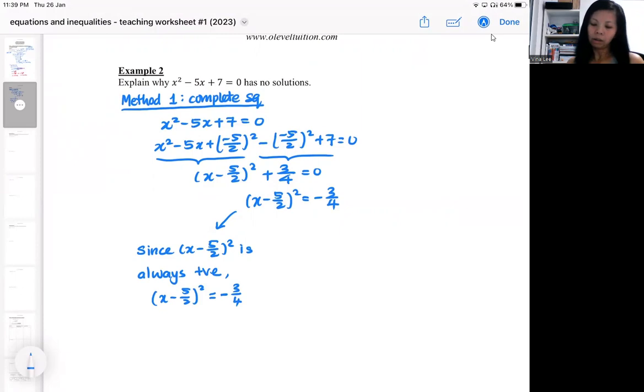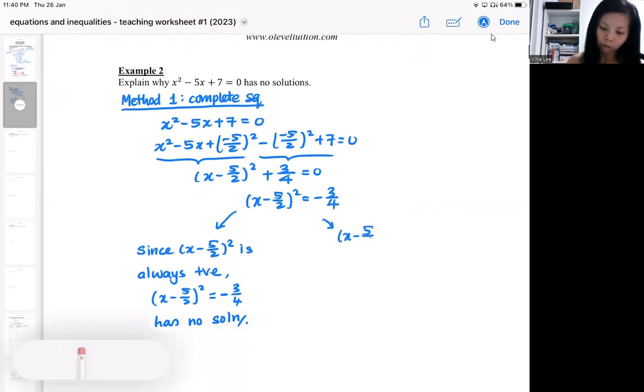That's why this equation has no solution. So you can explain from here, or you can continue to try to take square roots.